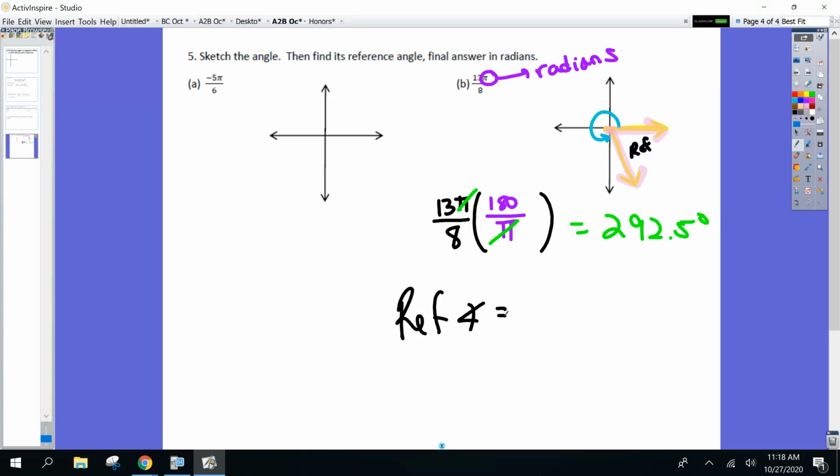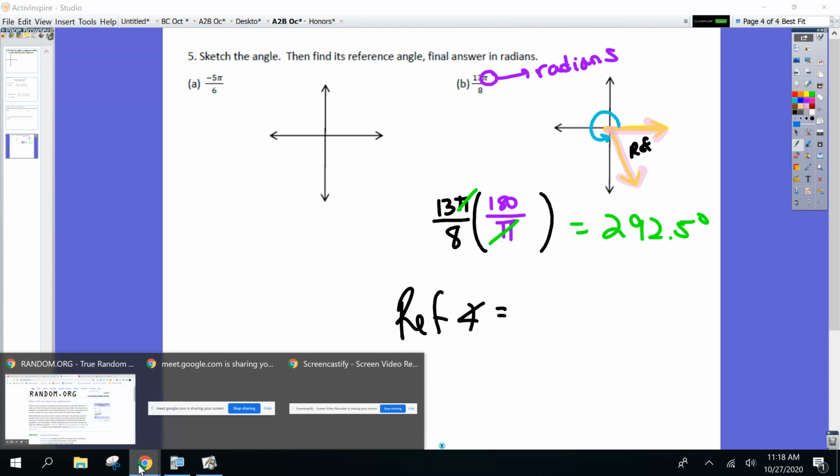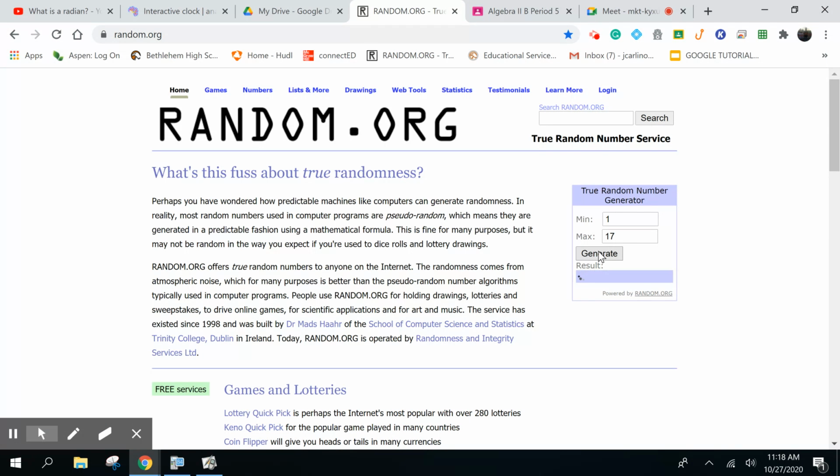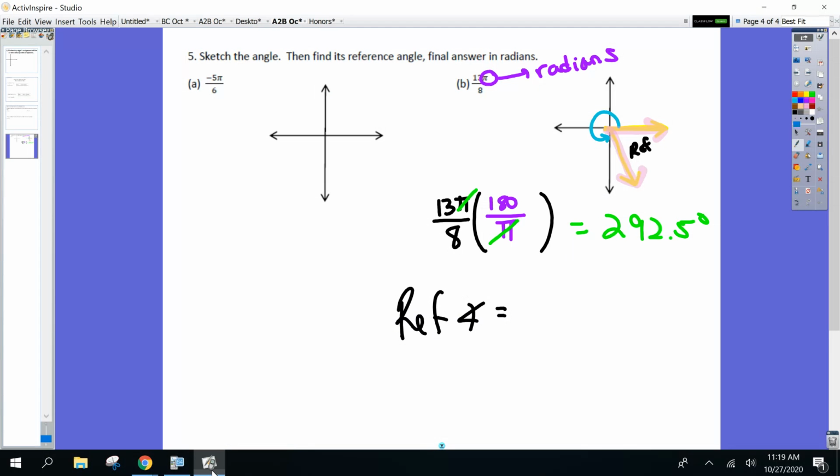So your reference angle. This is usually the tough part for kids. What numbers do I have to play around with to get that angle that's left over in the middle? Bassett, what numbers do you want to play around with? 360. Yep. And what do you want to do with it?